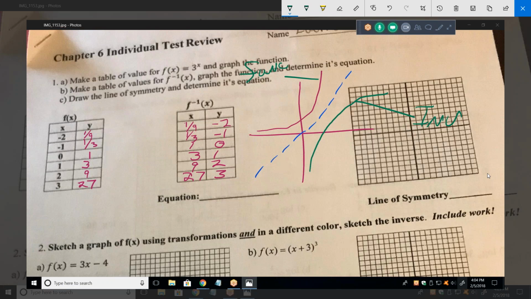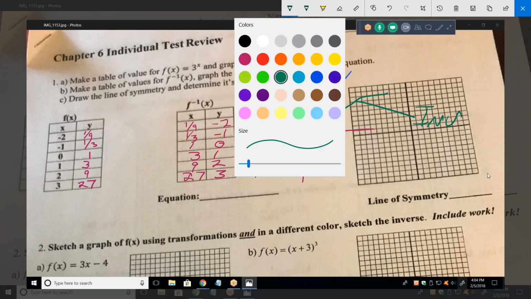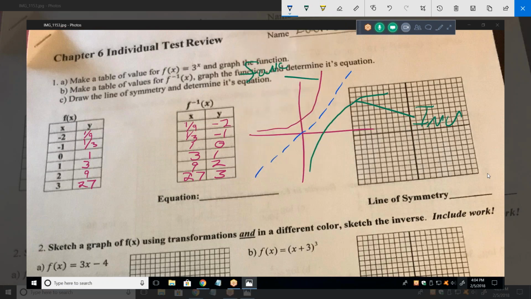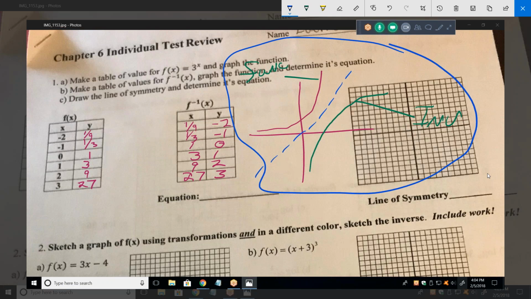The line of symmetry, and determine its equation. What's the equation? First of all, look at the green function and the red function. You see where the blue line is the line of symmetry? First of all, answer my question. Look at this graph over here. The red line and the green line are inverses of one another. Okay? That means they are mirror reflections.